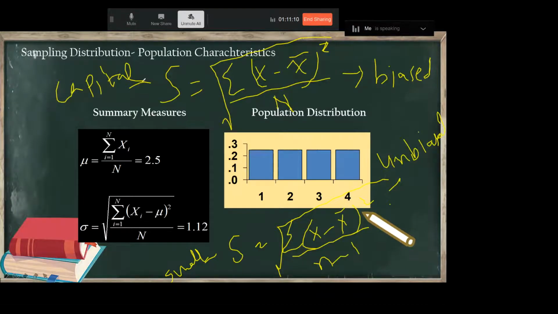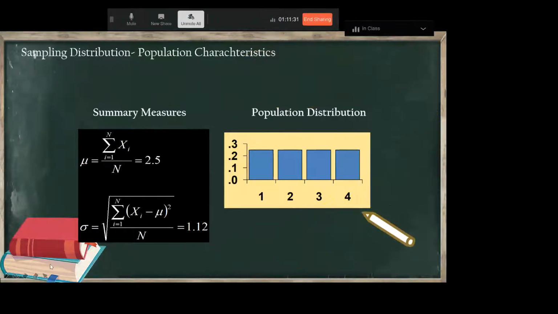But now we just calculate based on the capital S. So now we follow this one, the sum of (x minus x bar) squared upon capital N. Now, if you solve the same thing while constructing that distribution, which is 1, 2, 3, 4, you have mu, which is 2.5.